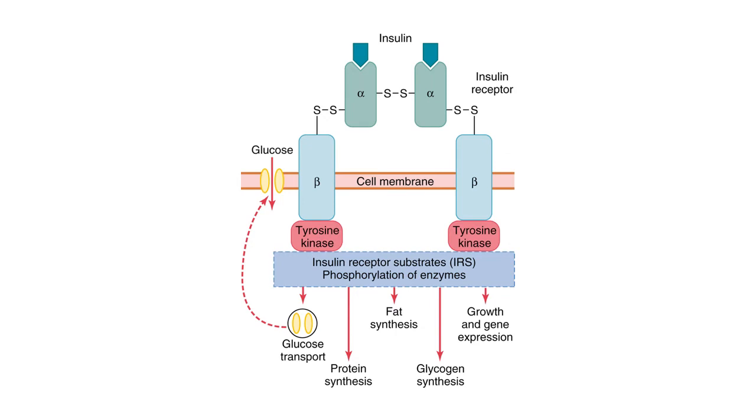So in that effect, as glucose enters the muscle cell, as glucose enters the fat cell, glucose in the blood goes down. And this particular transporter which responds to insulin is your GLUT4 or glucose transporter type 4.